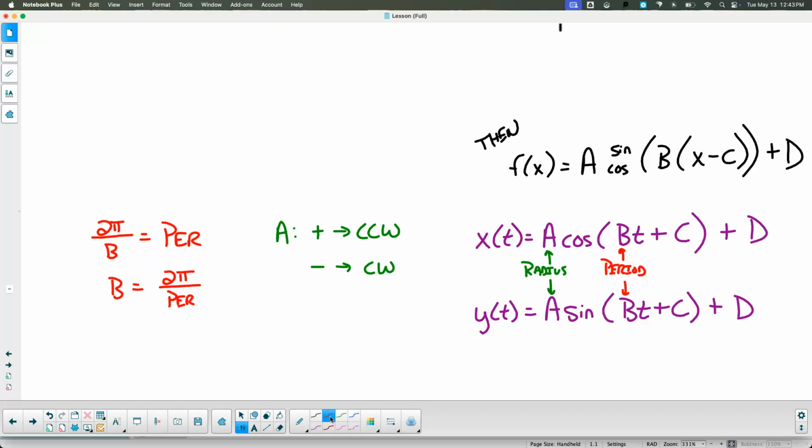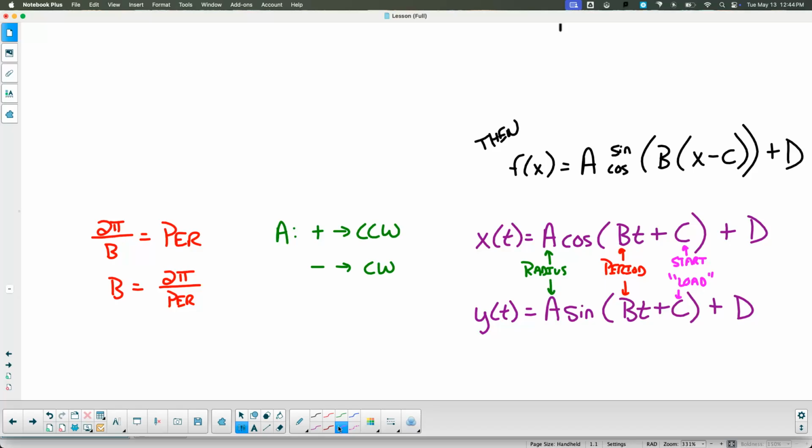C is going to be your start, or if you're on a Ferris wheel, it's going to be where you load the gondola. And that's based off of the unit circle. So if you load over here on the right, your C value is 0.